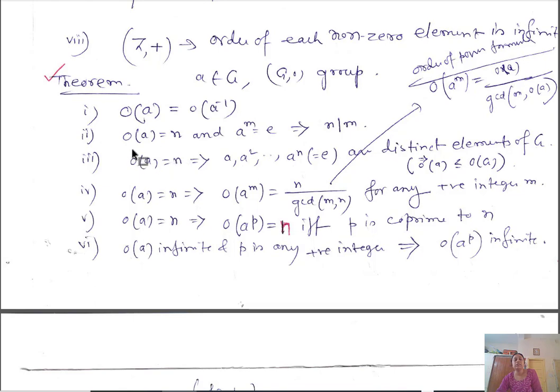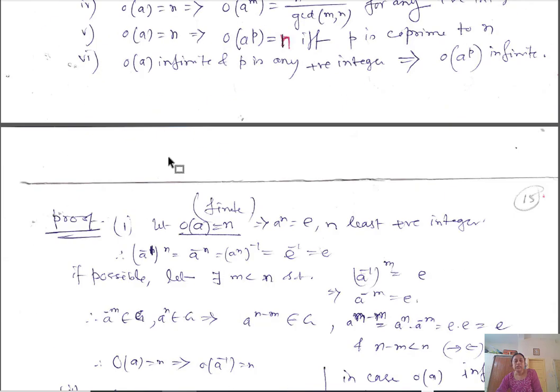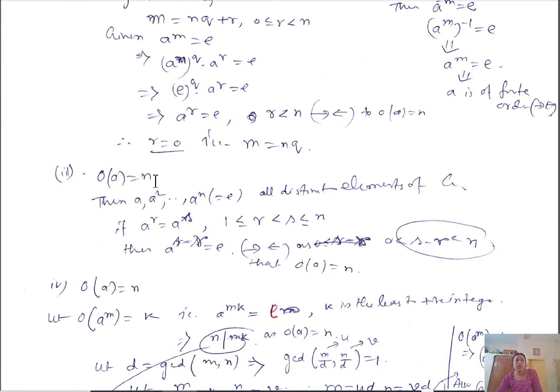Suppose a to the power r and a to the power s are the same, with r less than s less than or equal to n. Then a to the power s minus r will be e.